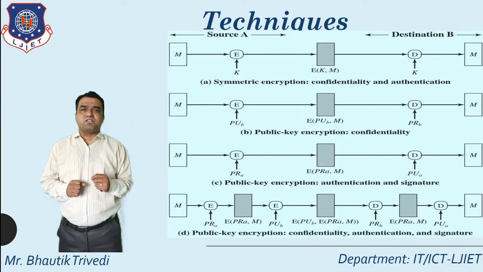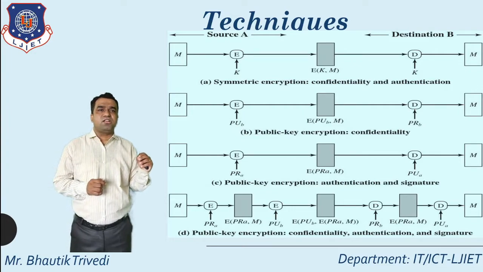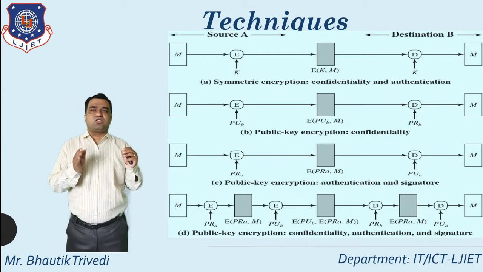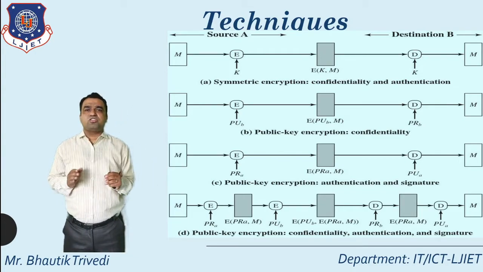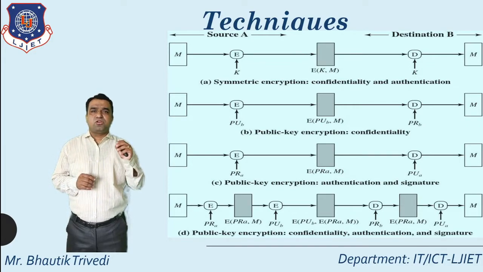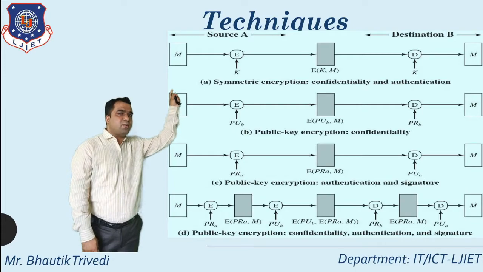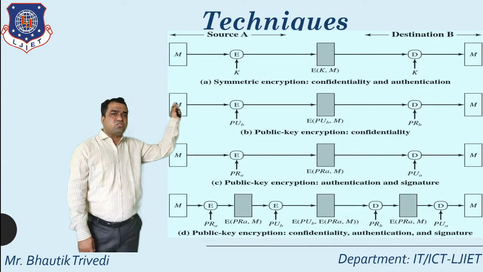First diagram represents symmetric encryption with confidentiality and authentication. And must remember one thing, whenever you apply confidentiality and authentication using symmetric key encryption. So here you just see, first of all, the message is there. On this message you apply the encryption, and all of you know the encryption algorithm uses the key.